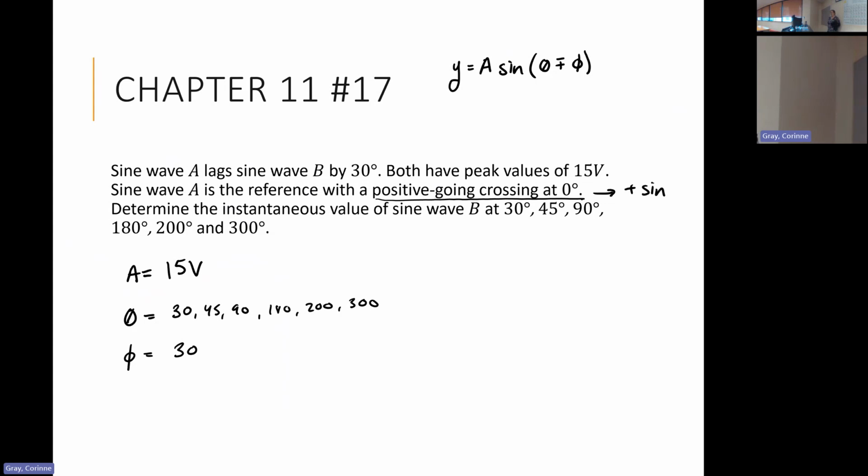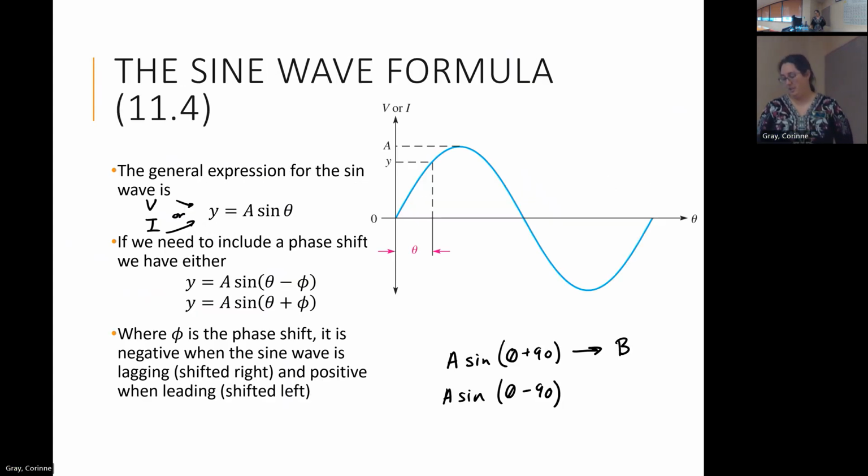Now we need to decide negative or positive phase. Negative, because A is trailing after B, but A crosses at 0, so that makes B ahead of A. It says lagging, and lagging indicates negative. That's all we need to do: look at it, say the sine wave is lagging, which means we are going to use the negative value.